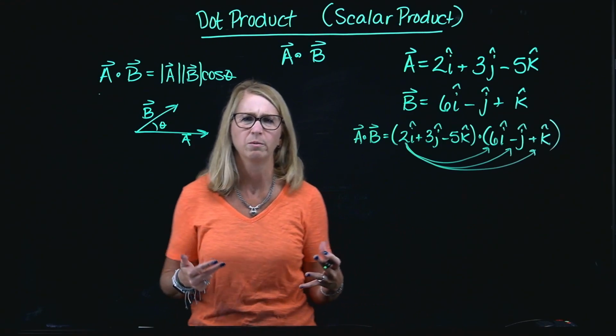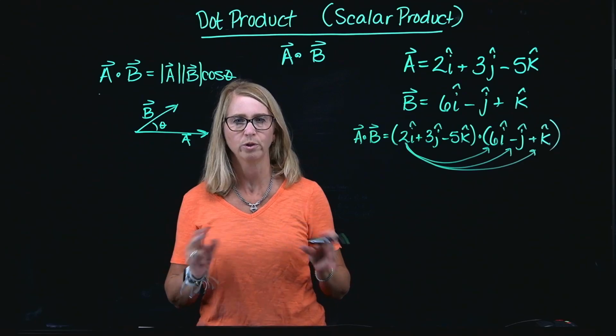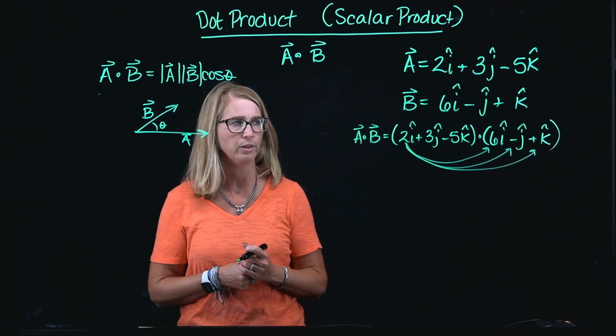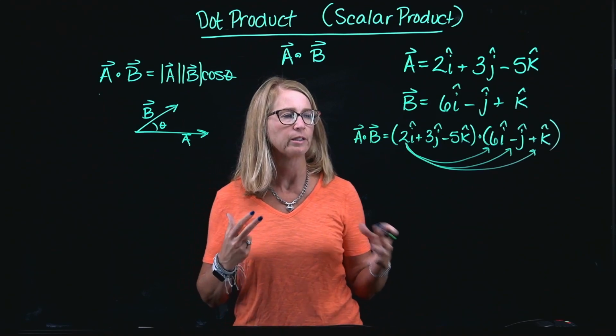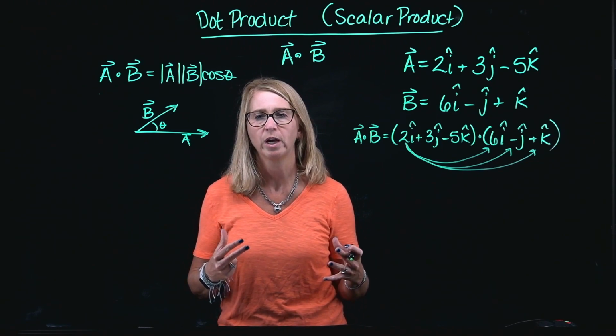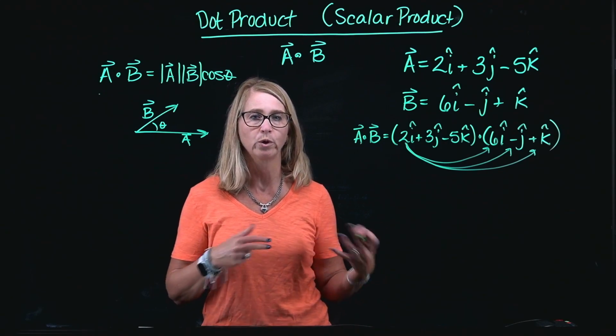Sort of like when I'm multiplying 325 times 232, I'm doing that distributed thing. Now, when I do that, I'm going to get a lot of different combinations of unit vectors dotted with either themselves or with each other.